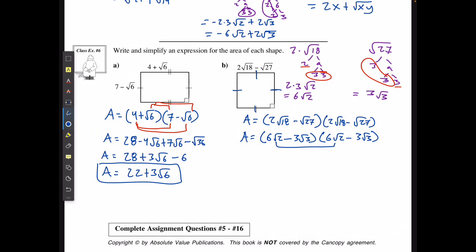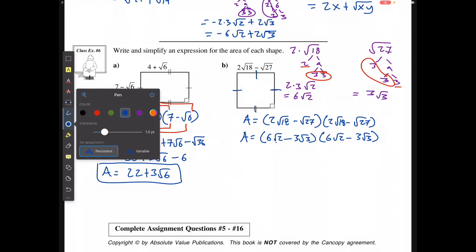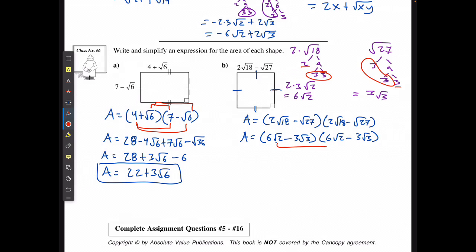And I'm going to FOIL it out again. First term, outside terms, inside terms, and the last terms.